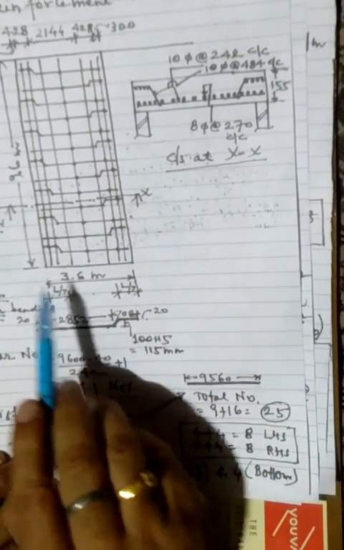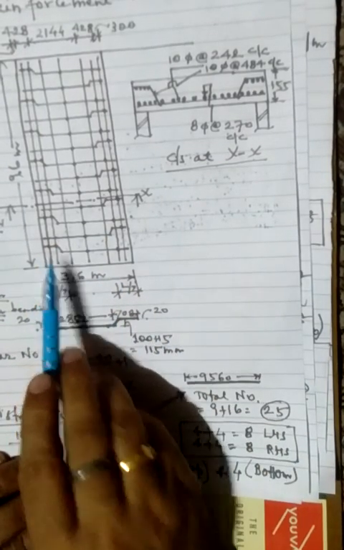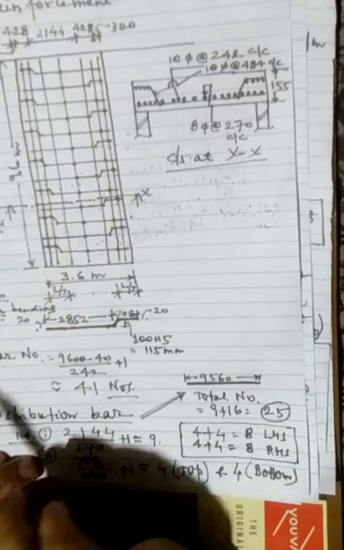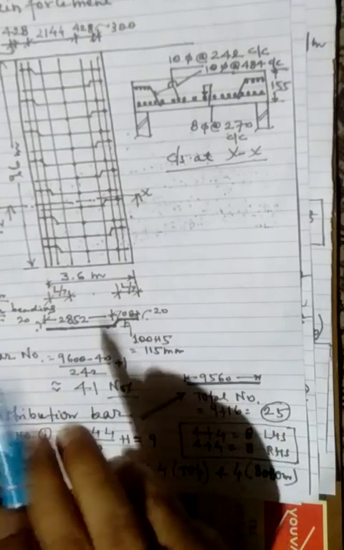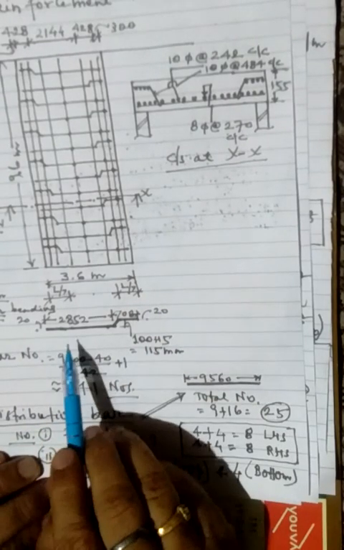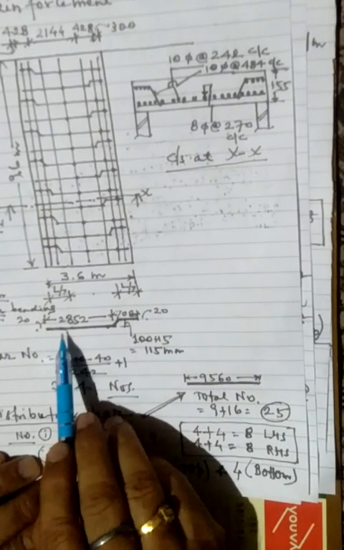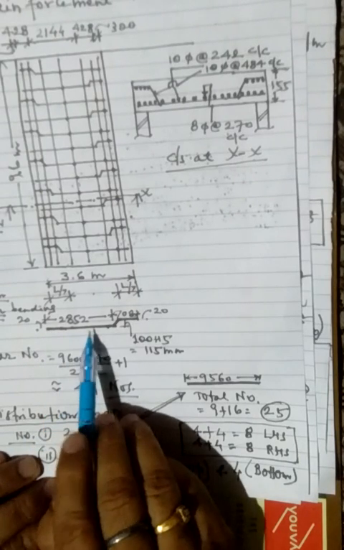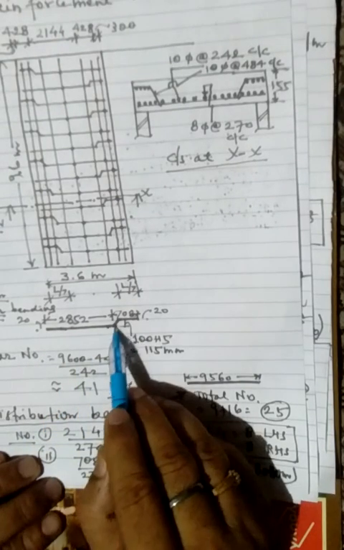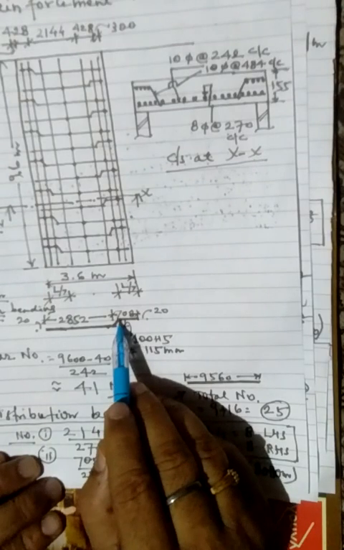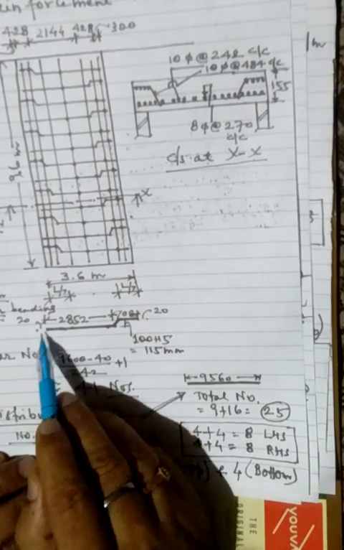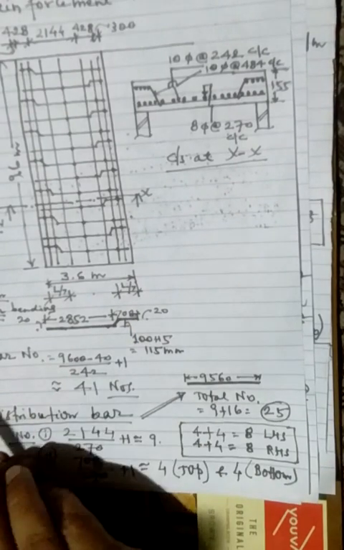So this way we have arranged the total number of bars in this way over the length of 9.6 meter, excluding the cover. That is, the cover from this side would be 20 millimeter, this side 20 millimeter, this side 20 millimeter, and that side also 20 millimeter. So deducting the covered area, we have a bent up schedule of the main bar, that is, it will have a straight length of 2852 mm, and then it will bent up and a top length of 708 millimeter. So this side a 20 mm cover is left, and this side also a 20 mm cover is left.